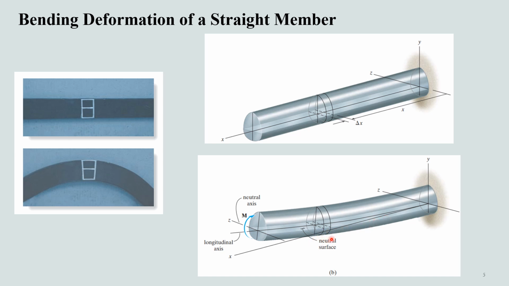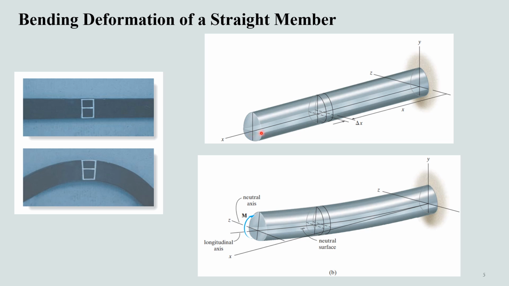For example, here this is the neutral surface and this is the longitudinal axis x that lies within the neutral surface, as you can also see in this figure. It will not experience any change in length when the bending deformation occurs. So this is our first assumption.